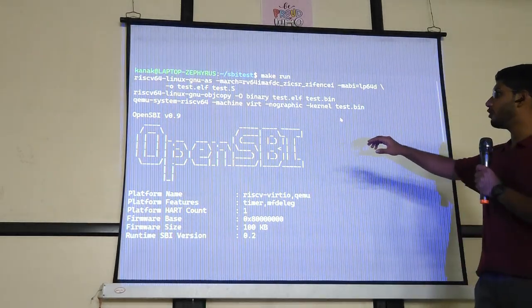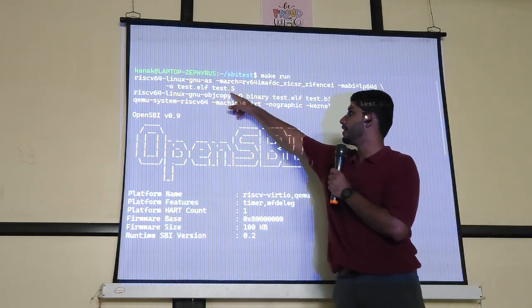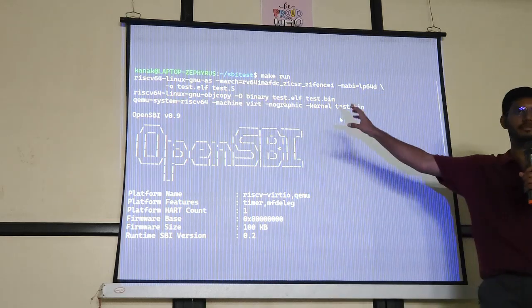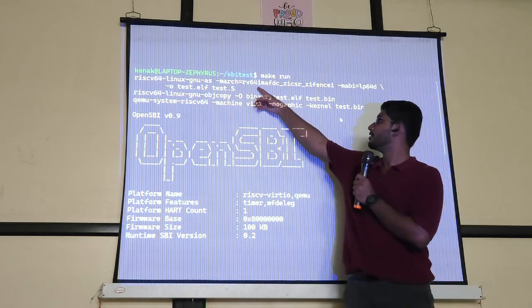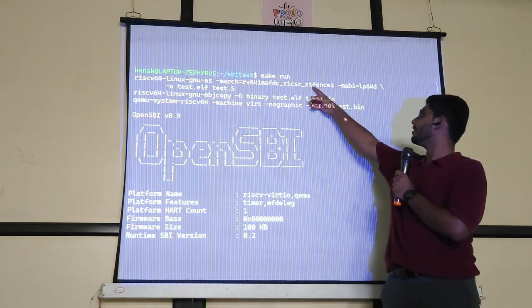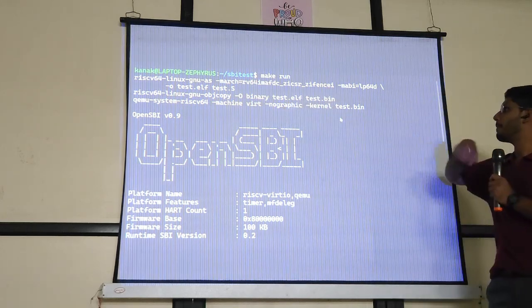There is assembly code in the file test.s. It is RISC-V based assembly code, and we are targeting RISC-V 64 IMAFDC, the whole microarchitecture which we are targeting for RISC-V.